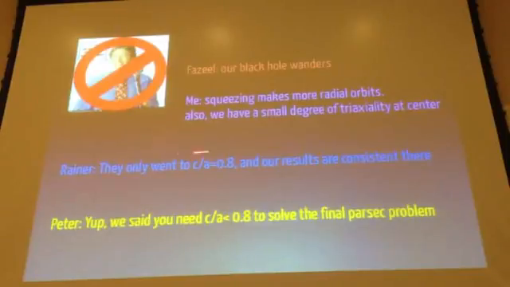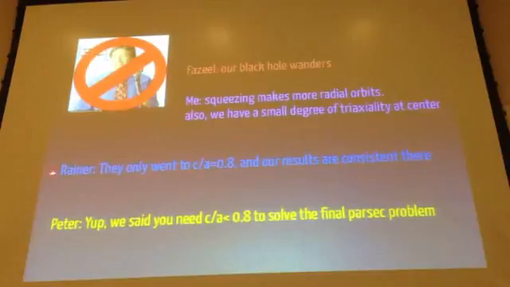Also at the very center, we have a teeny tiny bit of triaxiality. I know that because I saw a pyramid, which only occurs in triaxial systems. So it's itty bitty tiny, like I think we have c over a of 0.75 and b over a of 0.99. I would have called that spherical, or in that direction. But apparently we got a pyramid.